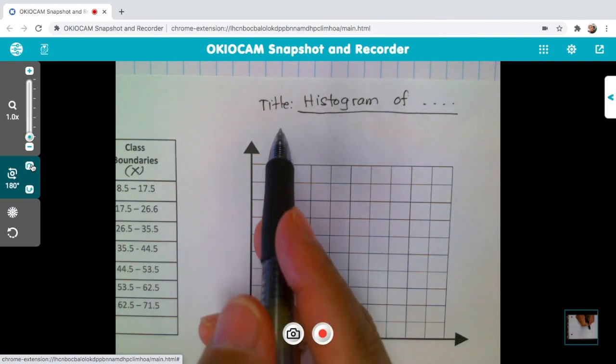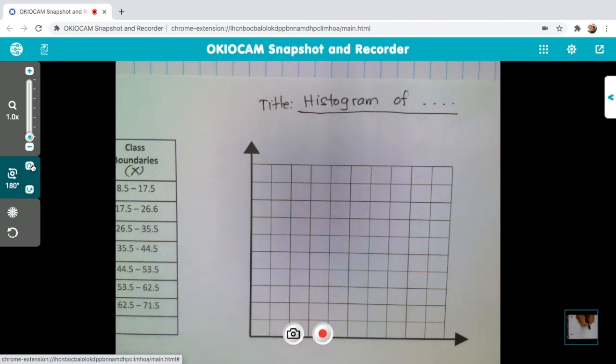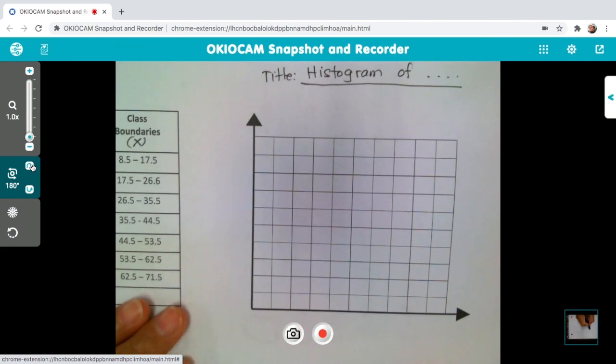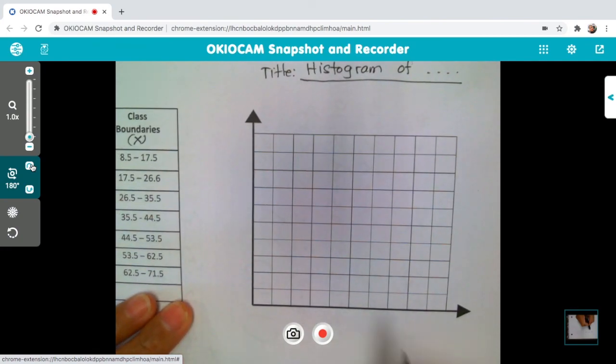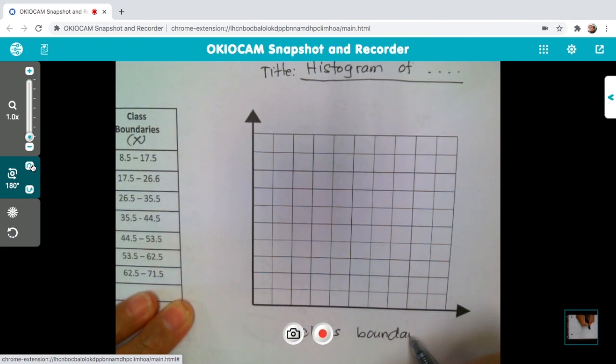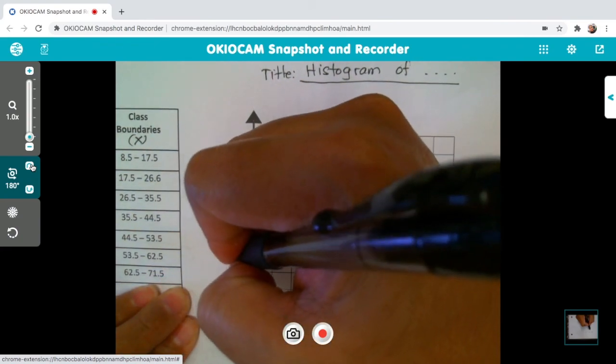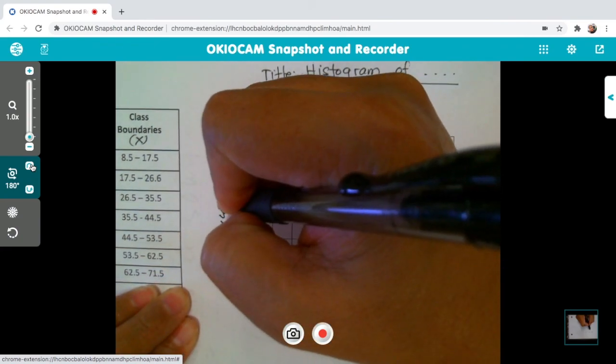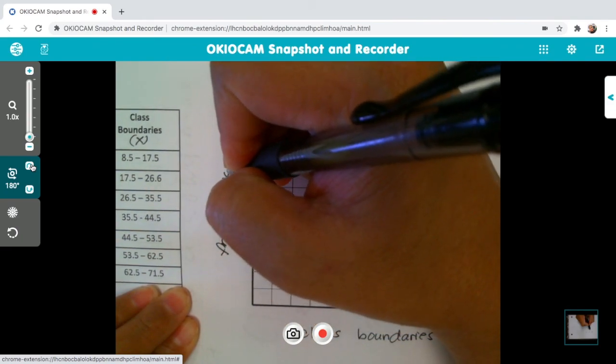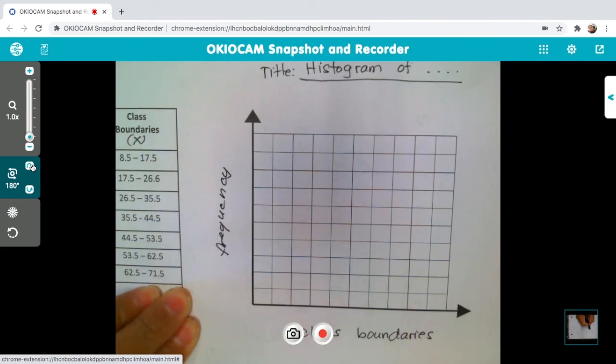Just don't forget to put the title. Next, on the x-axis, we need to label it class boundaries, and on the y-axis, let's put frequency.